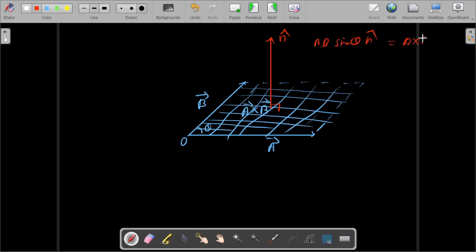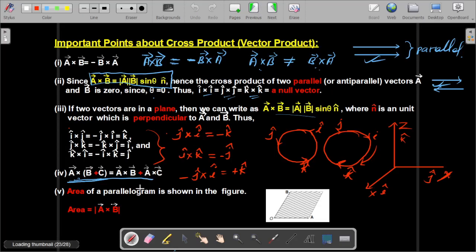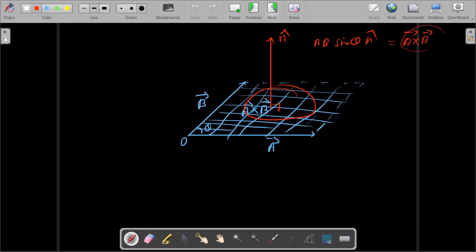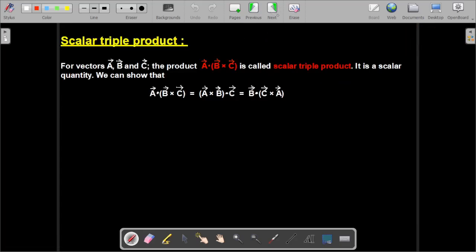A cross B. This is the physical meaning. Understood? It is written in point number 5. Now come to the next topic, scalar triple product.